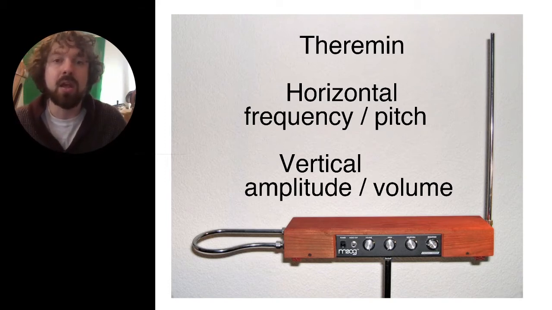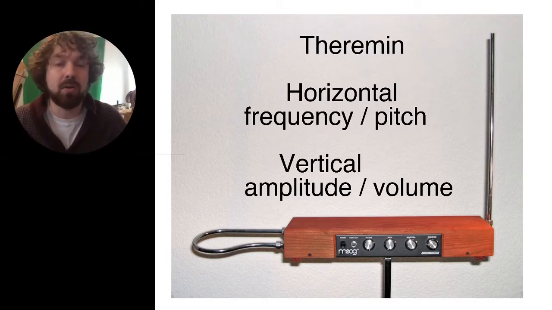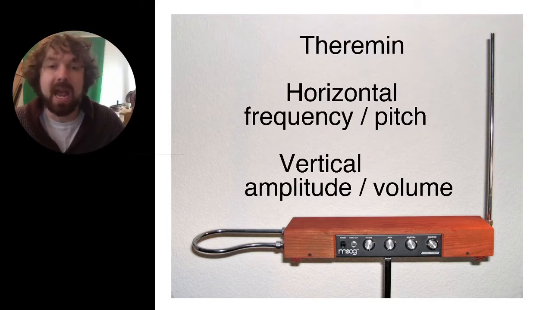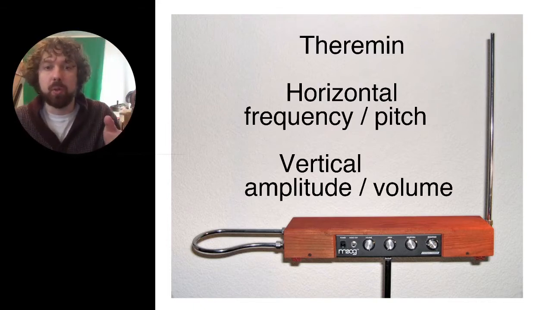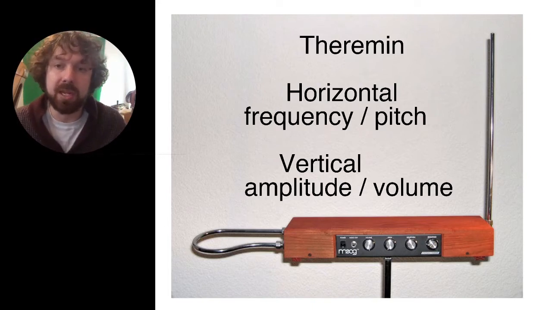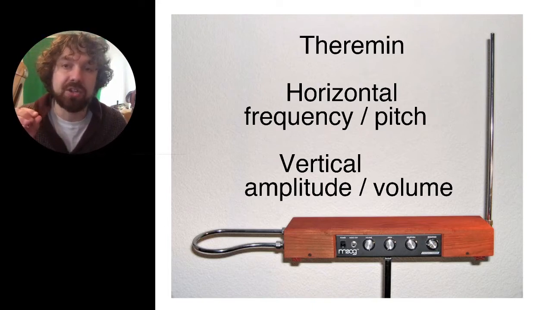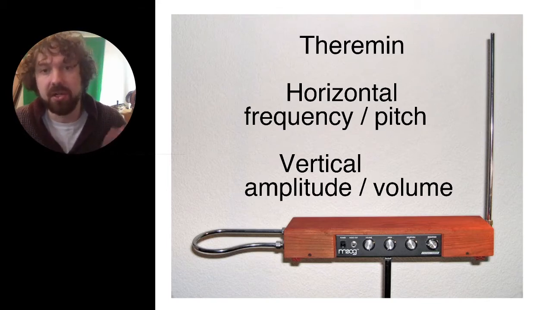And so physically, we're talking about frequency, but then when it converts to sound, it becomes what we know as musical pitch, okay? Now, same thing when we go up and down, vertically, it changes the amplitude, which we hear as the volume of the sound. So by using one hand, we change the frequency and the pitch, and by going up and down, we change the amplitude and the volume.